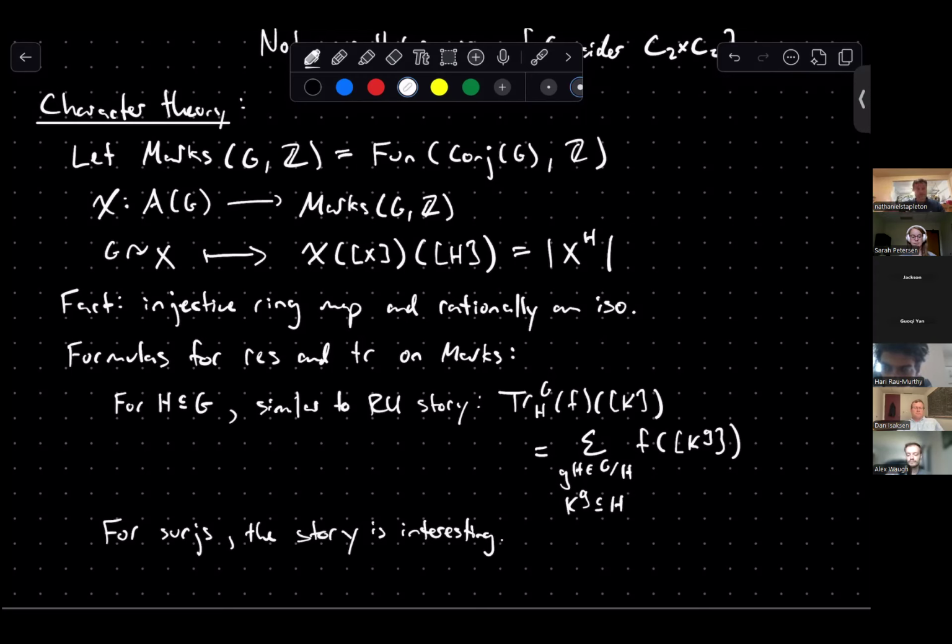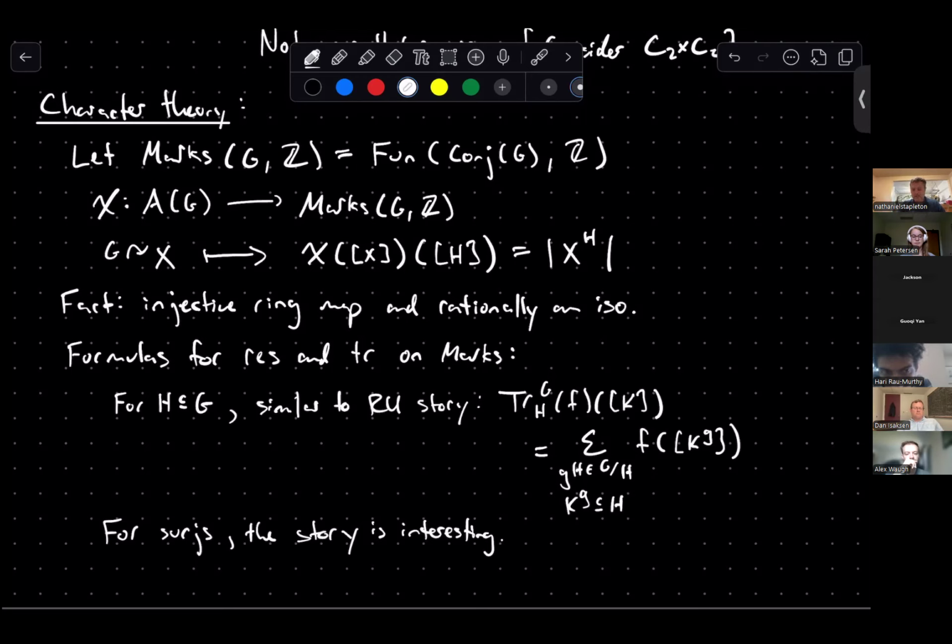And that's some formula. And Serge Bouc does this. This is essentially how he comes up with a formula for a transfer along a surjection in his book on bisets. So he has a big book, and this is one of the things that he does in there. But the formula is pretty complicated because it involves inverting a matrix.